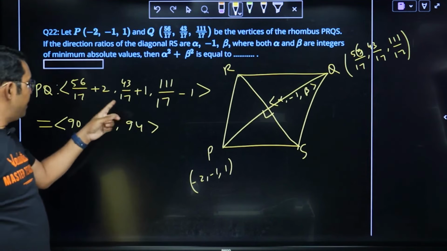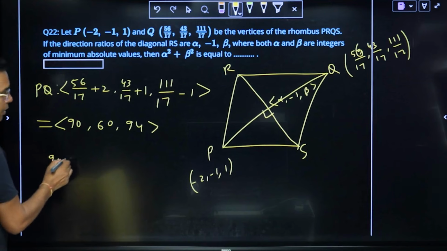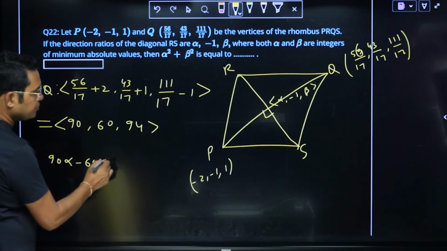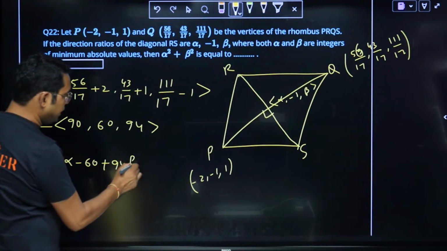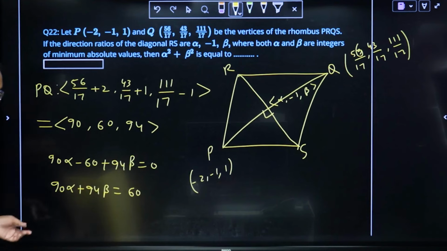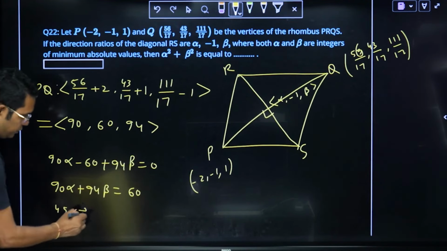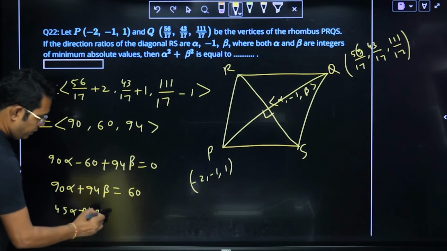Yeah, 90, correct. Now the dot product of this with the direction ratios of RS will be 90 into alpha minus 60 plus 94 beta is equal to 0. So from here we get 90 alpha plus 94 beta is equal to 60. Maybe I can divide by 2 also, so that will become 45 alpha plus 47 beta is equal to 30.